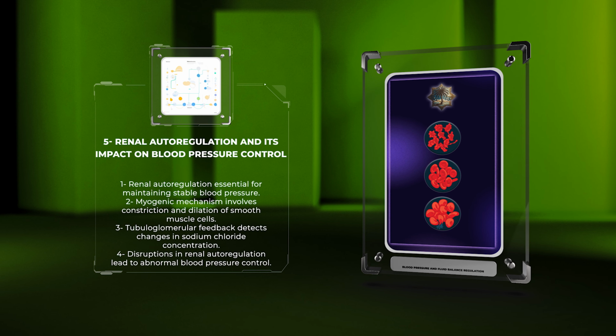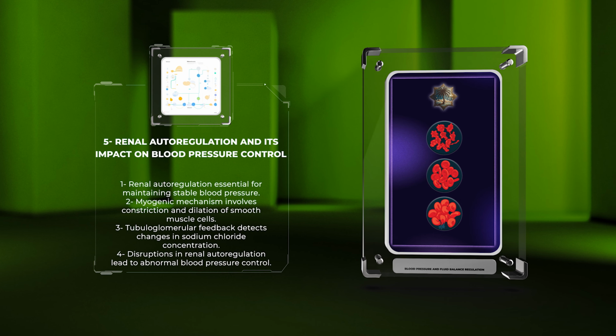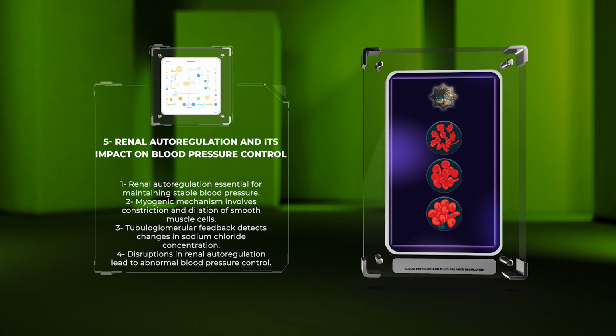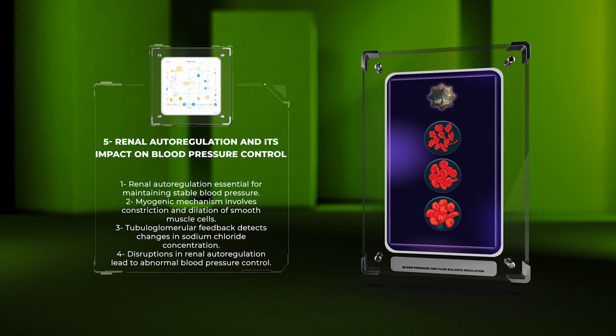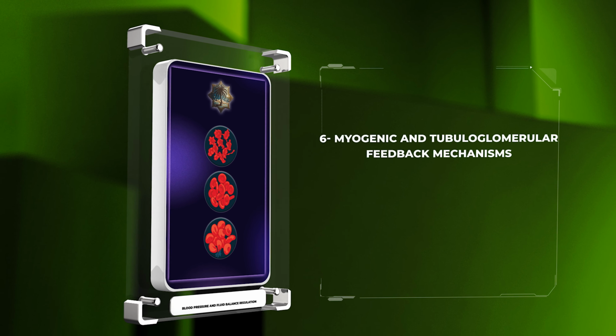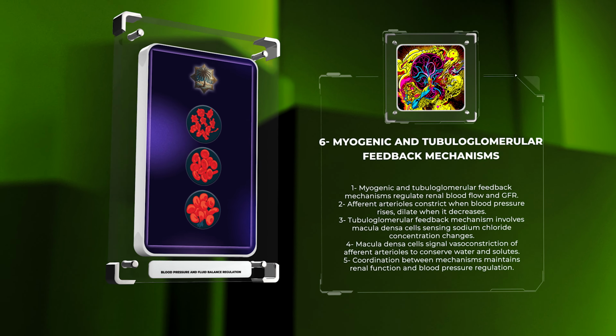Tubuloglomerular feedback detects changes in sodium chloride concentration and triggers adjustments in arteriolar resistance to maintain proper filtration. Disruptions in renal autoregulation can lead to abnormal blood pressure control, seen in conditions like preeclampsia and chronic kidney disease. The myogenic and tubuloglomerular feedback mechanisms work together to regulate renal blood flow and glomerular filtration rate.